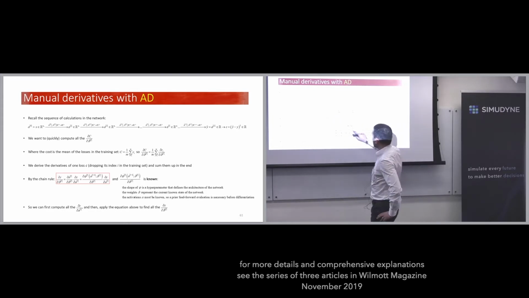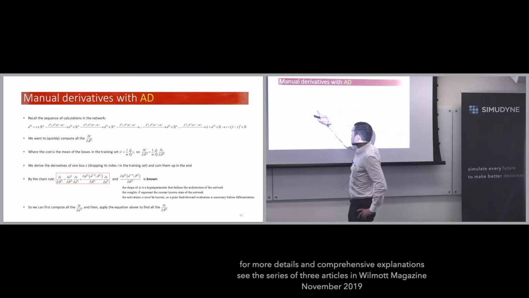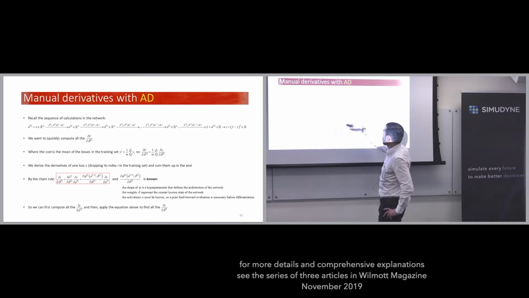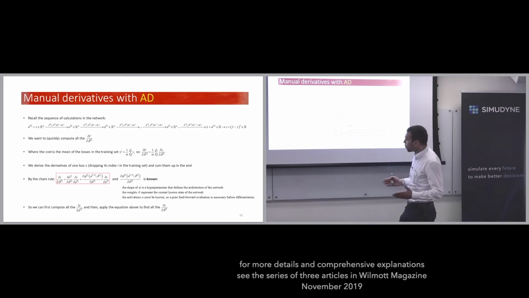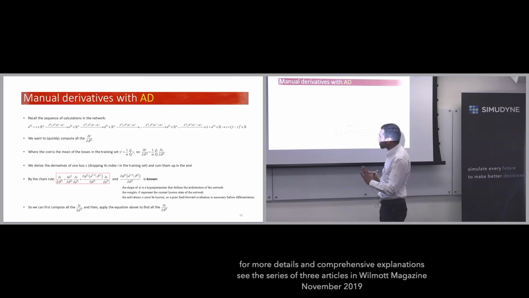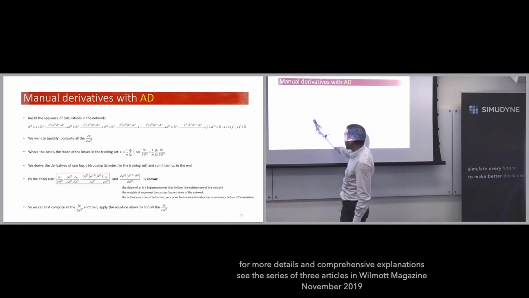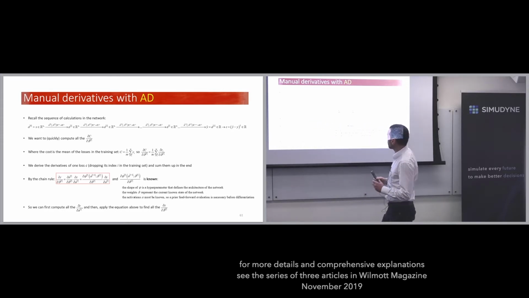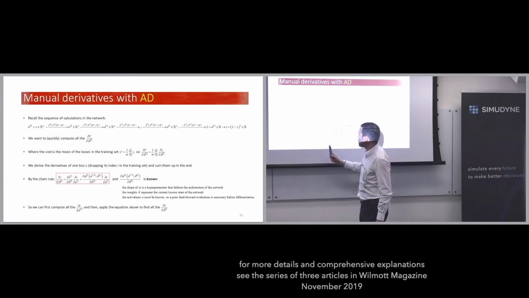So we want to calculate dC over d theta. dC over d theta evidently will be the average of the dCi over d theta. So we can just focus on the derivatives of one loss C, where I drop the index i to simplify notations, and then sum them up in the end. Okay? So now what we're trying to calculate is dC over d theta.